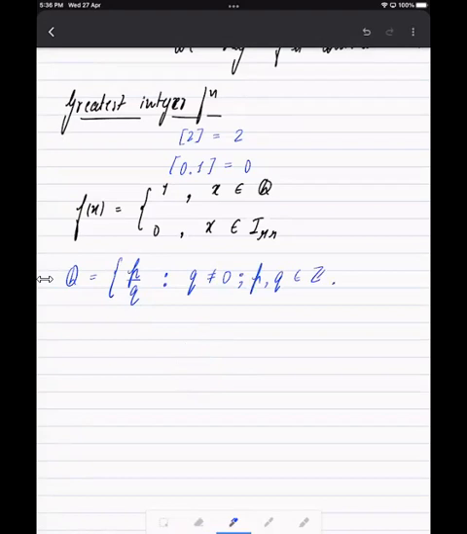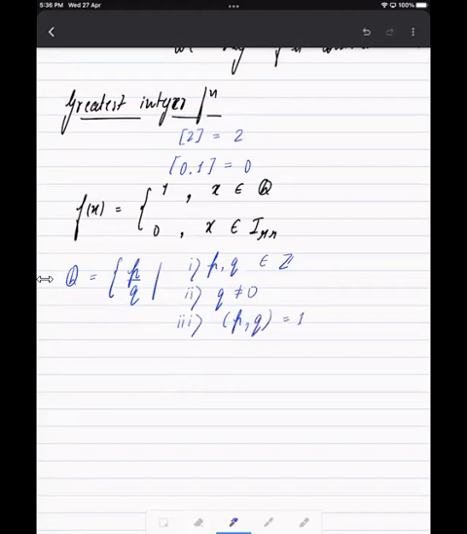I'll write it in points so that you remember. Number one, P and Q both belong to integers. Number two, Q is not equal to 0. Number three, the GCD of P and Q is 1.